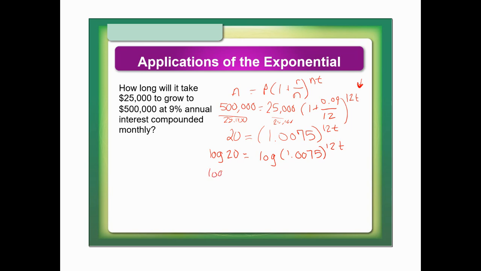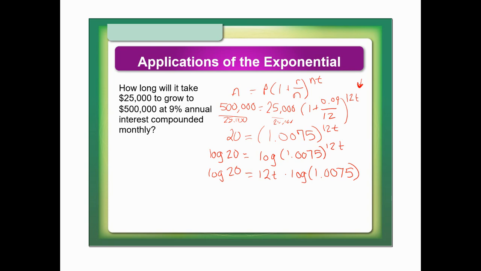So I have the log of 20 equals 12t times the log of 1.0075. This is all just multiplication: 12 times t times the log of 1.0075. These are just numbers.